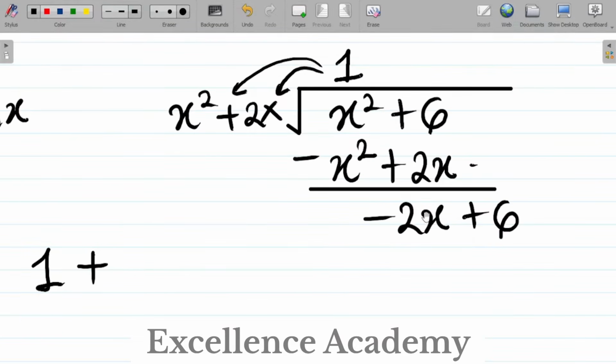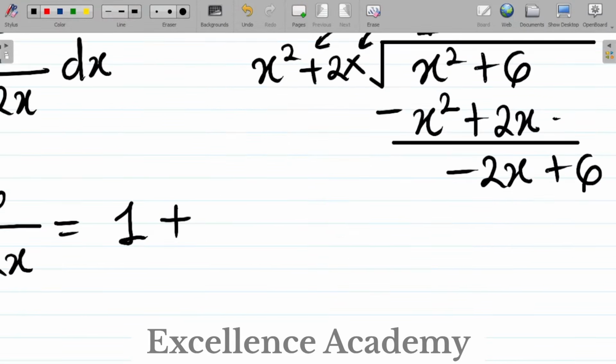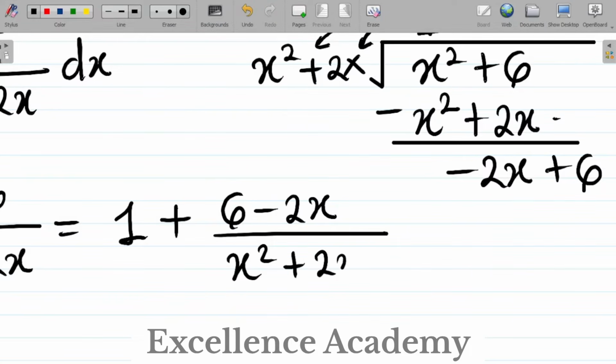The remainder is minus 2x plus 6, but in proper form, we want to take the positive term before the negative. So I'm having this as 6 minus 2x as numerator, all over the denominator x squared plus 2x.